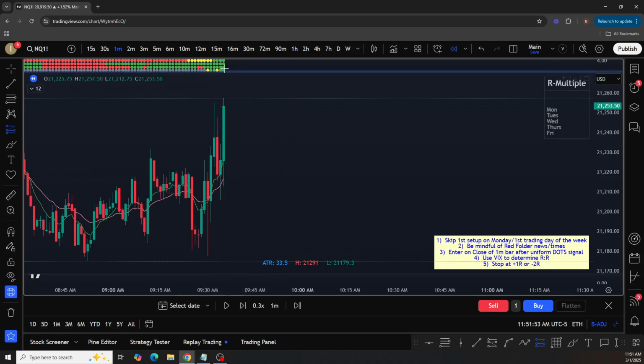You can see there was a very quick flip of the dots back to green. This column, the 9:34, is the first refreshed new column of uniform green dots. I need to figure out a cleaner way of saying that. So there would be a long on the close of this bar.